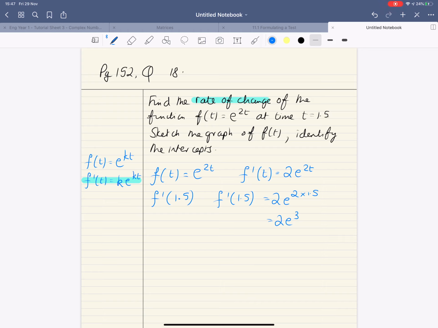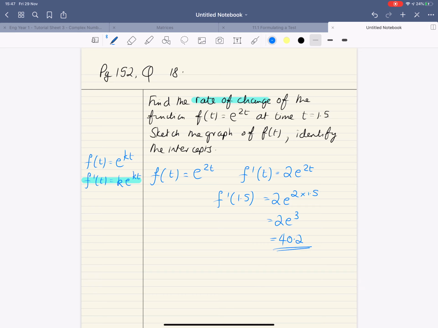On the calculator, we go 2 times shift e cubed, and that gives 40.2. So just put down the sensible 40.2 rate of change, units per second or whatever it is. Just the number will do. So that's the first bit of the answer.